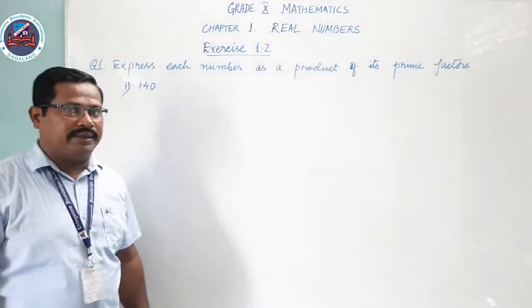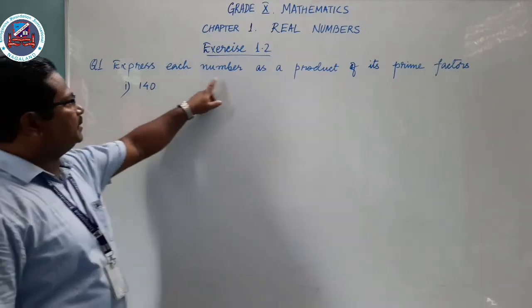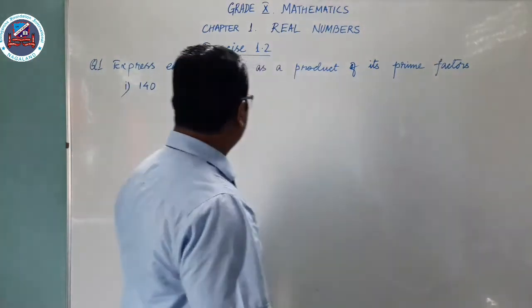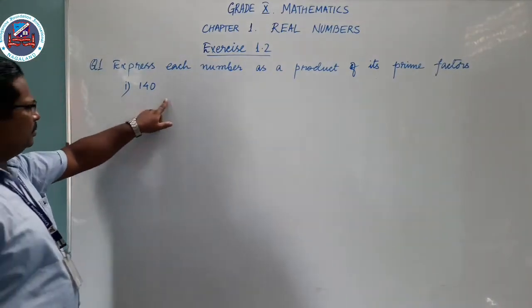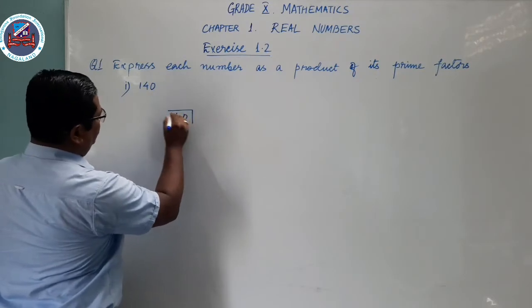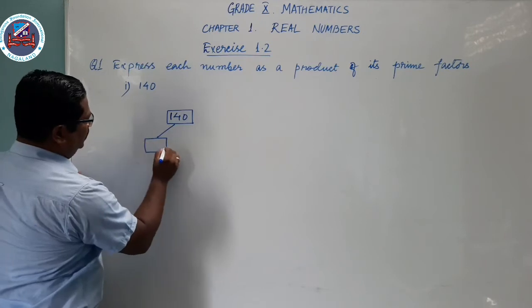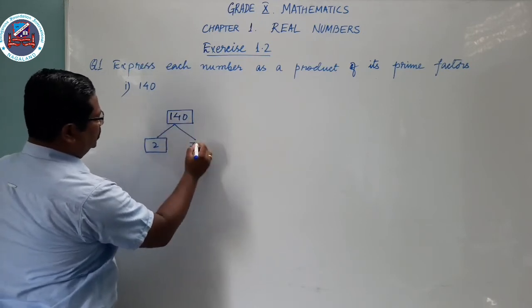Now when you look at your textbook, you will get a question like this: express each number as a product of its prime factors. Now the first one that you can see here is 140. You write down 140, then with 2 you can start. 2 sevens are 14 and this is 0.